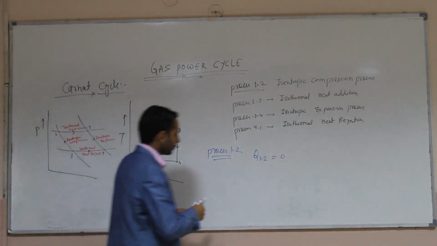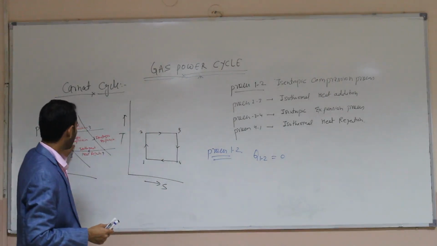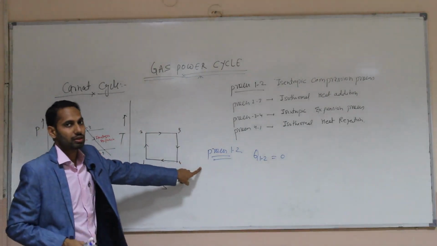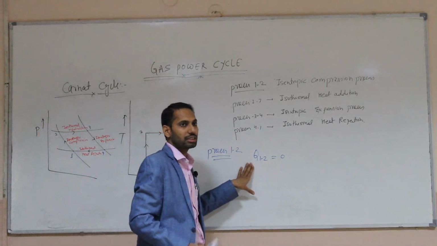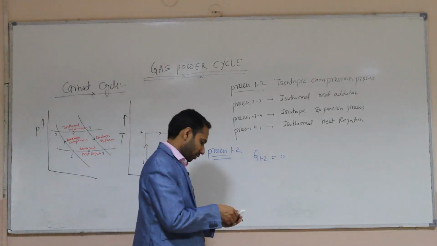So now Q1 to 2, for the isentropic compression process, the energy will be 0. No heat will be transferred because it is a reversible adiabatic process. So from 1 to 2 it will be 0.